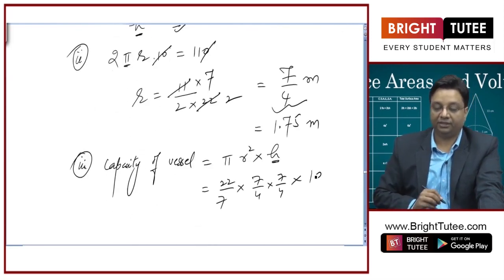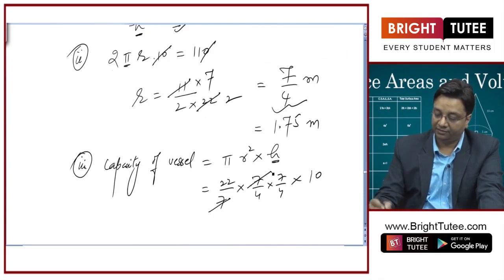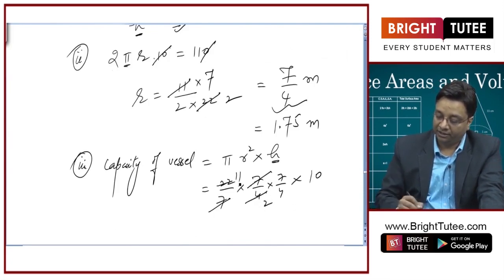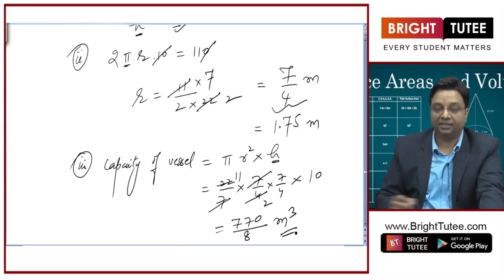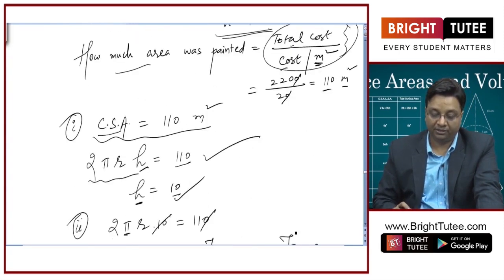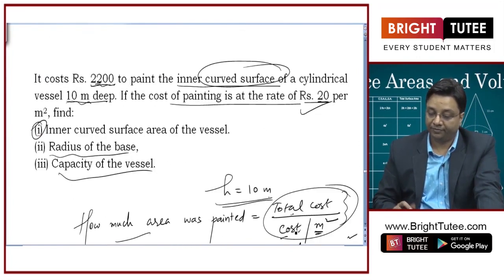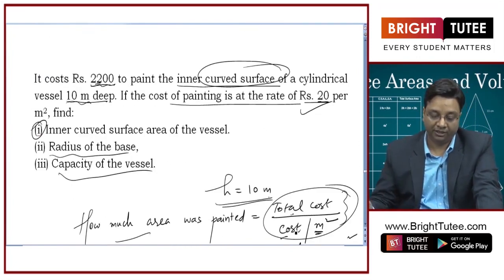So multiply it with 10. Now one of the 7's can be cancelled like this. This will be 2, 11 here. So this is 11 into 7 is 77, 770 by 8 meter cube is the capacity of this cylinder. Okay. So these were the three parts.